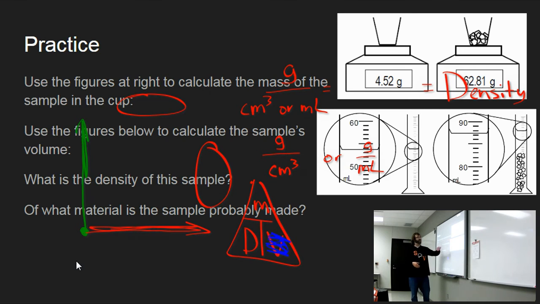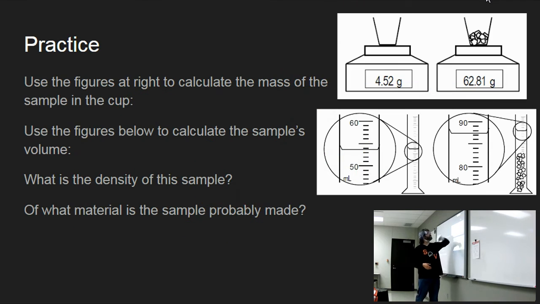Let's take a look at some problems. So what I have here is a setup of an experiment we might do in class for finding the density of an object. To find the density of an object in class, we would need to get its mass and its volume measurements. What we're trying to find here is the density of some miscellaneous little chips of material.